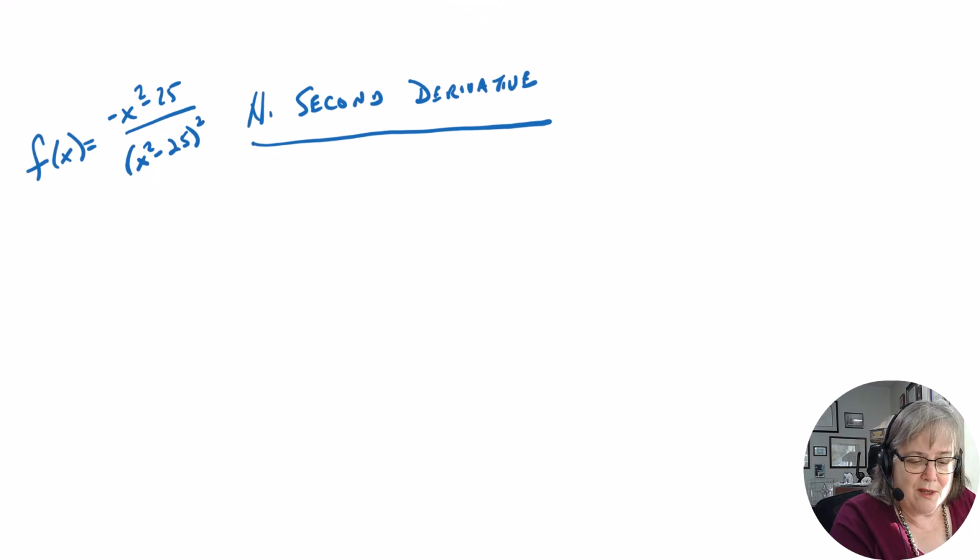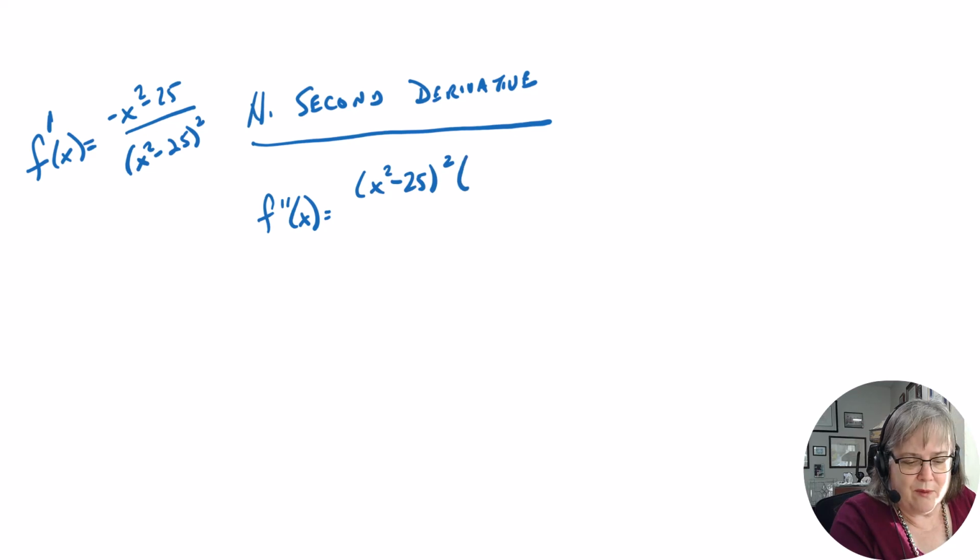So I'm going to try to take the next derivative from this first derivative. So the second derivative, since this is a quotient, is the bottom, we're going to put it in the top.